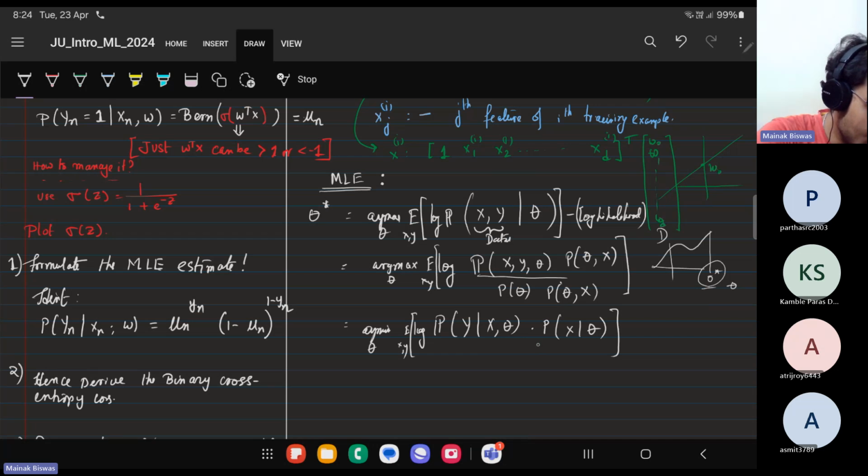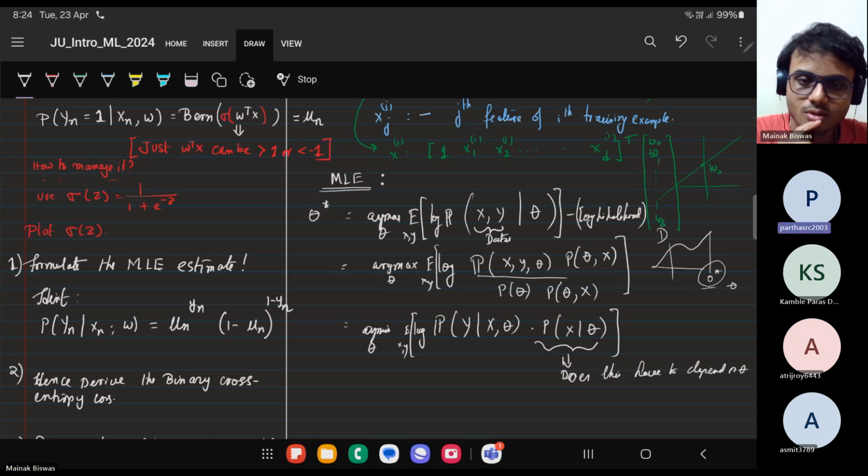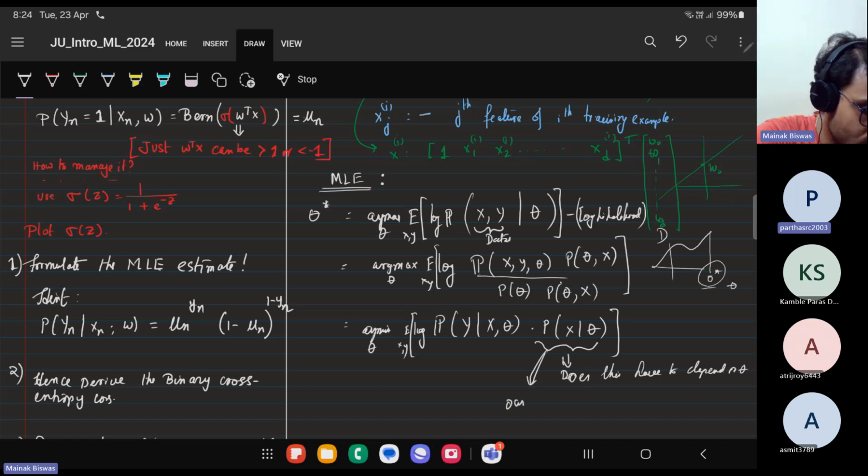But now if it is clear, tell me what is this term? Does this depend on theta in our model? Does this have to depend on theta? P of x, because the distribution in our model, our choice, is independent. Yes, our choice is that probability of x given theta is equal to probability of x.